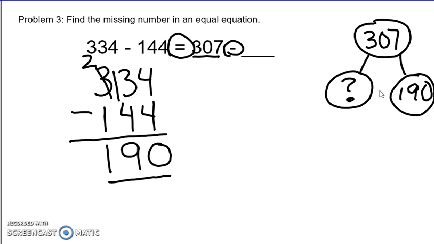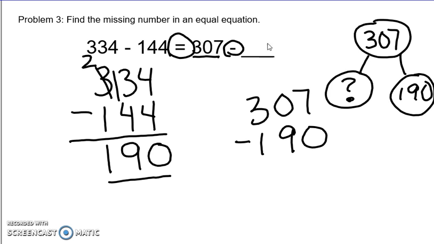So now, because I'm missing a part, I need to subtract to find the missing part. So I'm going to subtract 307 minus 190. And that will give me my missing number. So let's do in the ones, 7 minus 0 is 7. 0 minus 9 I can't do, so I go next door to the hundreds.